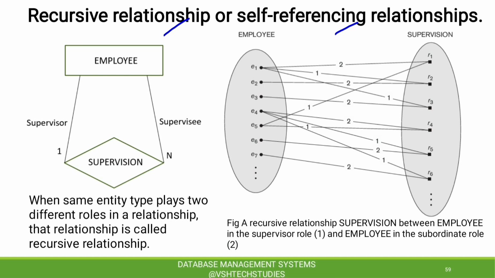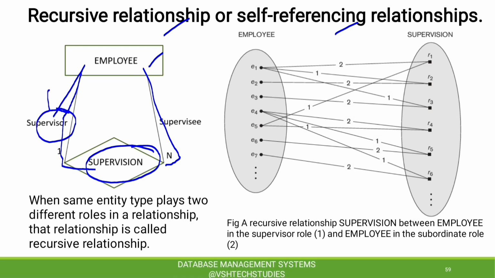So here employee entity is shown and supervision relationship is shown. So employee entity is participating in the relationship and it is referencing back the same employee entity type. Once it is playing the role of supervisor and another time it is playing the role of supervisee.